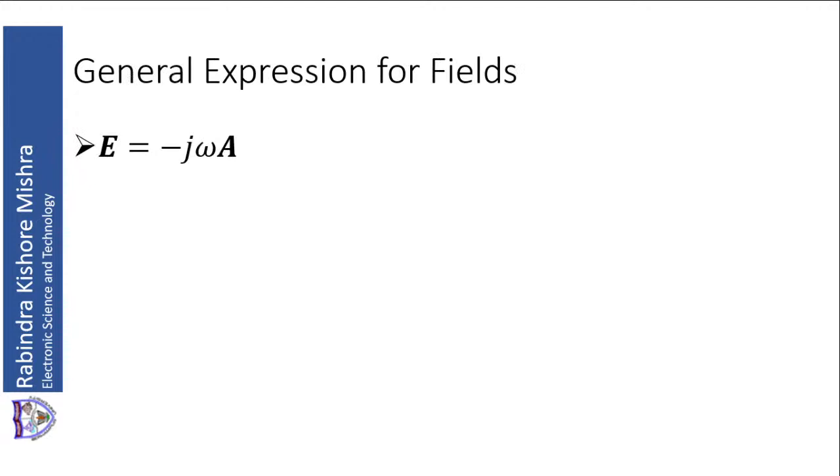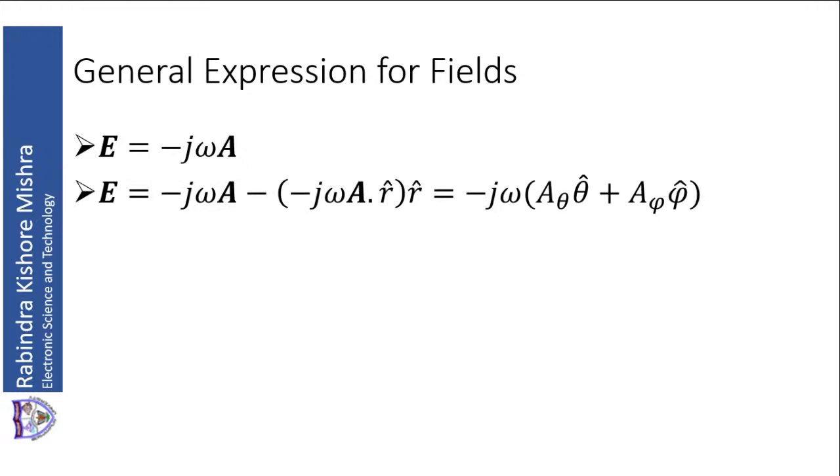Now we will find out the expression for the field. E is equal to minus j omega A plus something that we know: minus j omega A minus (minus j omega A dot r cap) into r cap. This we know for the time harmonic electric field. The expression for E using vector potential is this. Now this E has two components, as we have seen already.